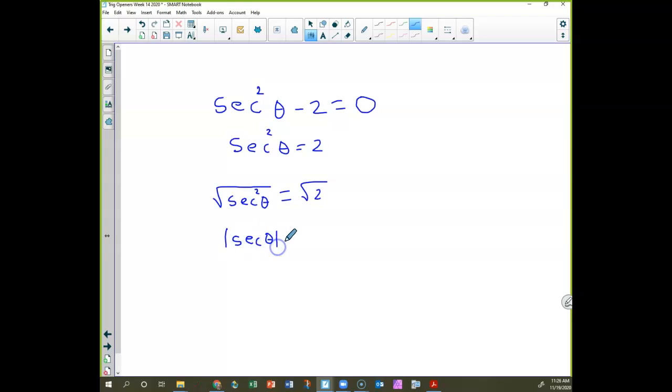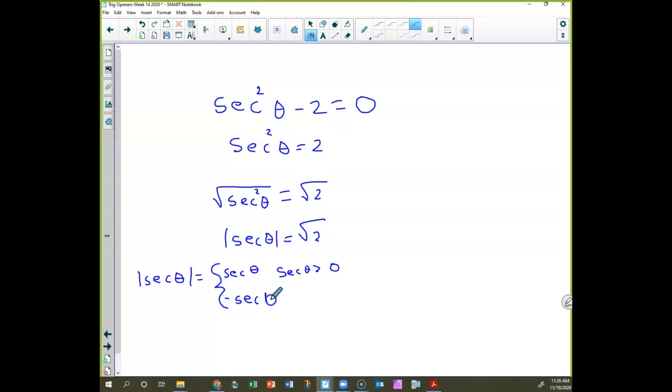And in order to solve this, I've got to get rid of the absolute value. Well, that's not like subtracting 2, where I can just add 2. I've got to know something that's equivalent to it so I can replace it. I need to know the piecewise, and I'm going to have to write that piecewise. The absolute value of secant is secant of theta, I'm not going to do anything to this, if I'm already positive. But if it just so happens that I have a negative, I'm going to multiply that negative by -1.